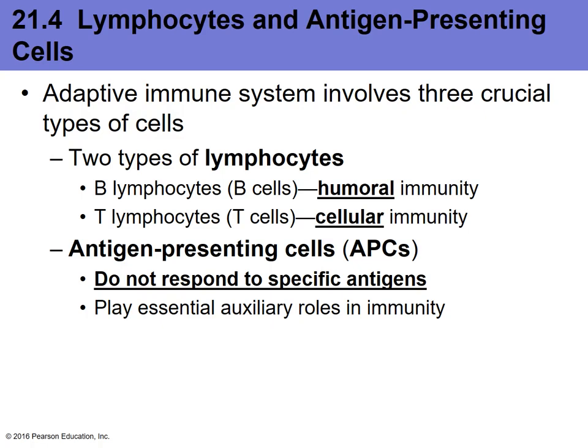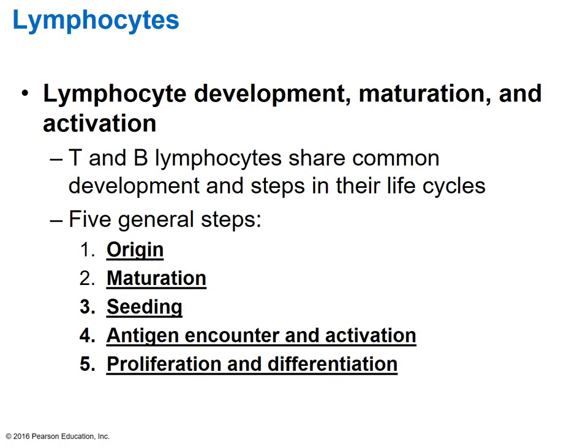Now there's another group of cells that are very, very important in helping to activate the adaptive immune system, and those are what we call your APCs. These are your antigen presenting cells. So they're going to play a role in the beginning start process.